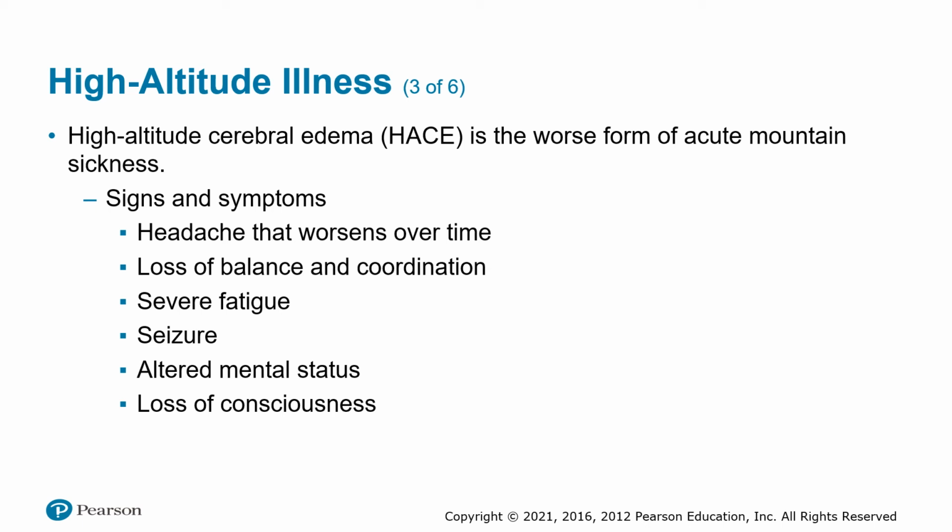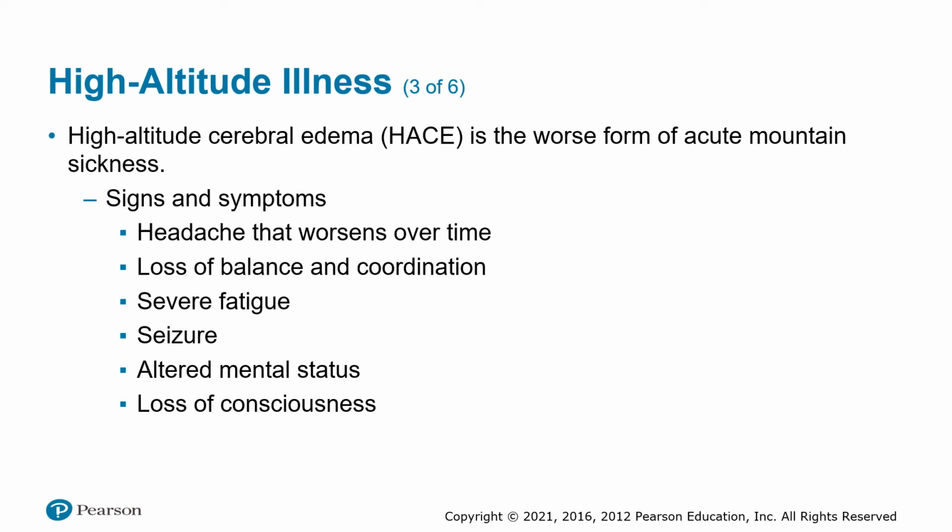HACE is high altitude cerebral edema, and this is the worst form of acute mountain sickness. It is just as the name suggests: edema in the brain because of that high altitude.